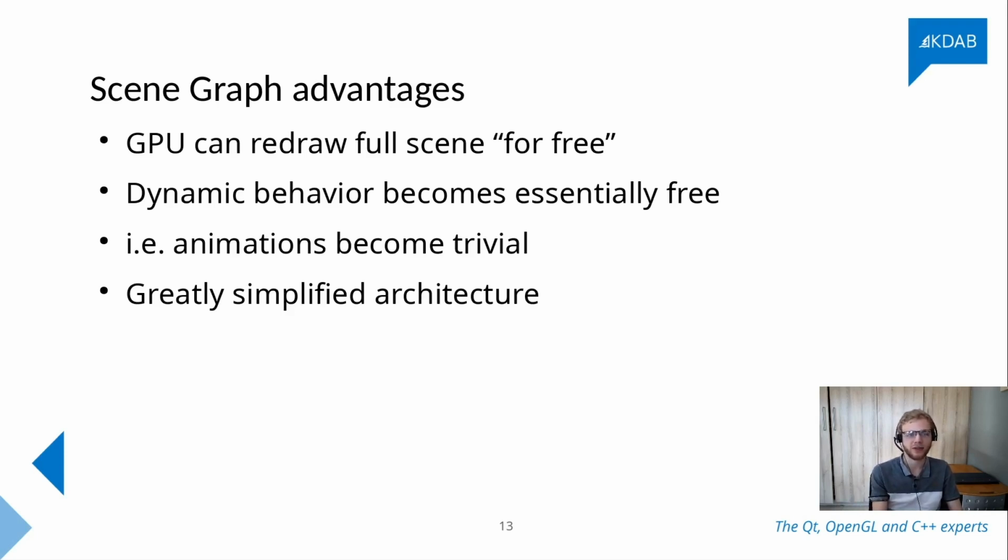And the advantage of this is that when you have a dynamic GUI, when you want stuff like animations, you can get them basically for free because your whole system is designed to redraw everything every frame. So animations aren't a problem. The reason this is an advantage is because the way that the traditional GUI frameworks achieved high performance without the GPU is by only drawing what they need to draw when they need to draw it.